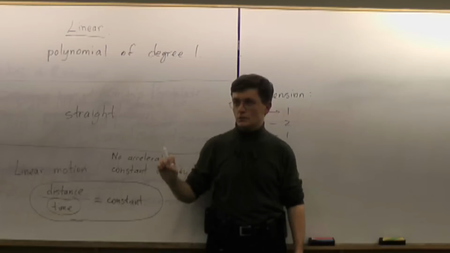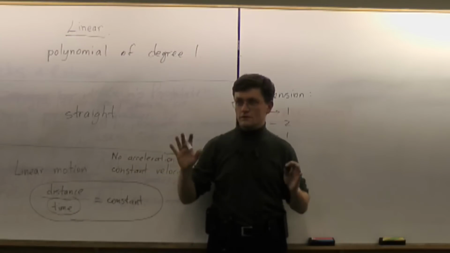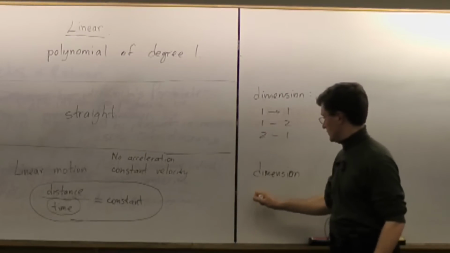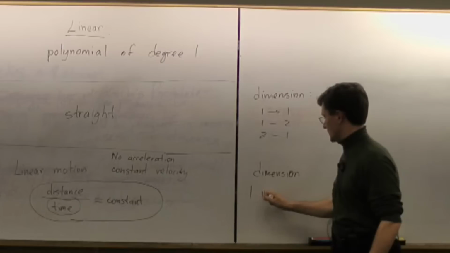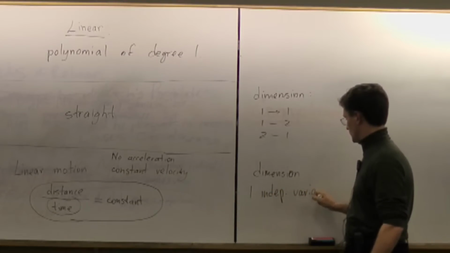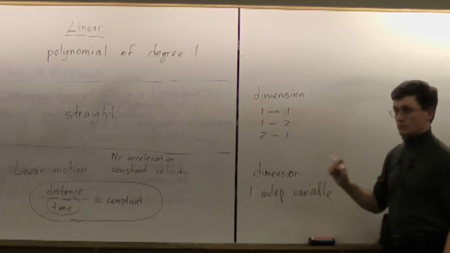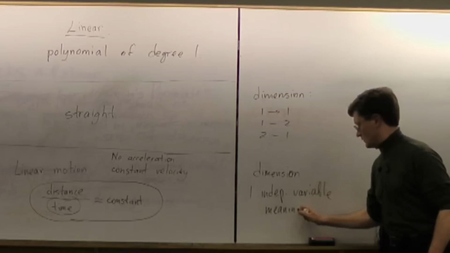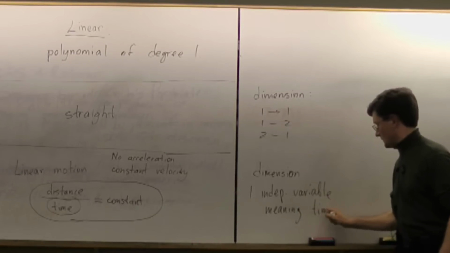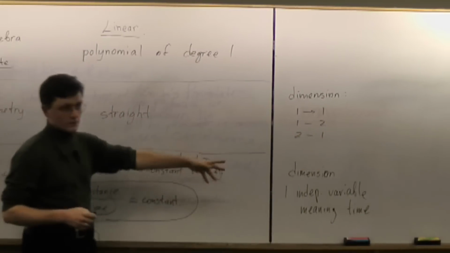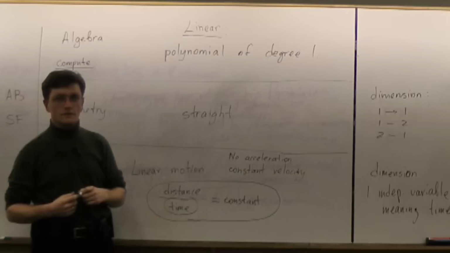This is the only case when we can physically understand what linearity means. So one independent variable having precise meaning of time. Right? So that's serious limitation on physics side.